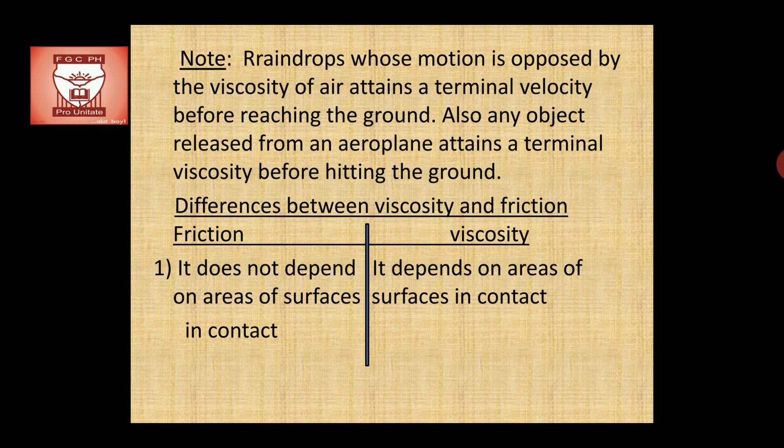Now, let us look at the differences between friction and viscosity. We have so many differences in that table there. Number 1, under friction, it does not depend on areas of surfaces in contact.